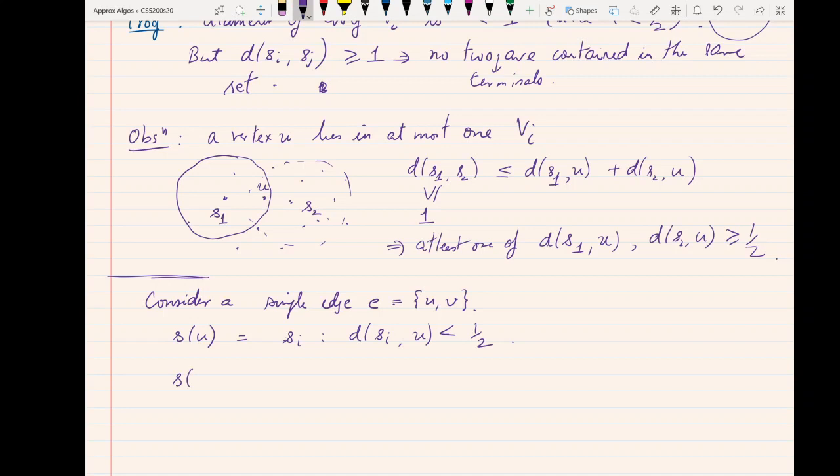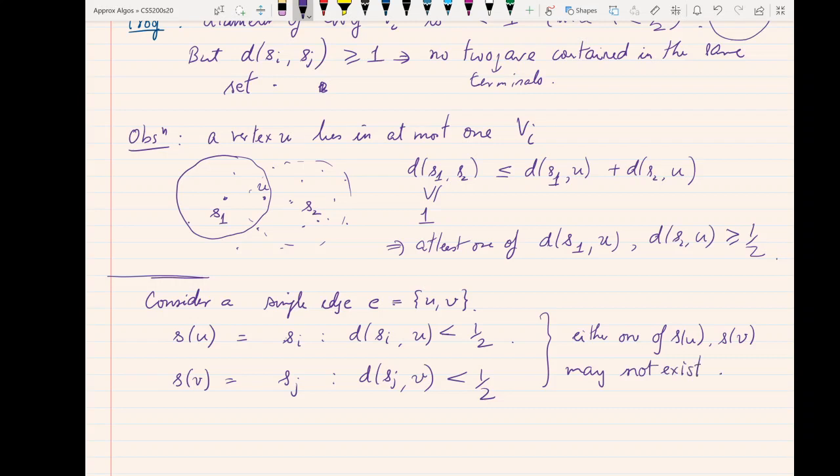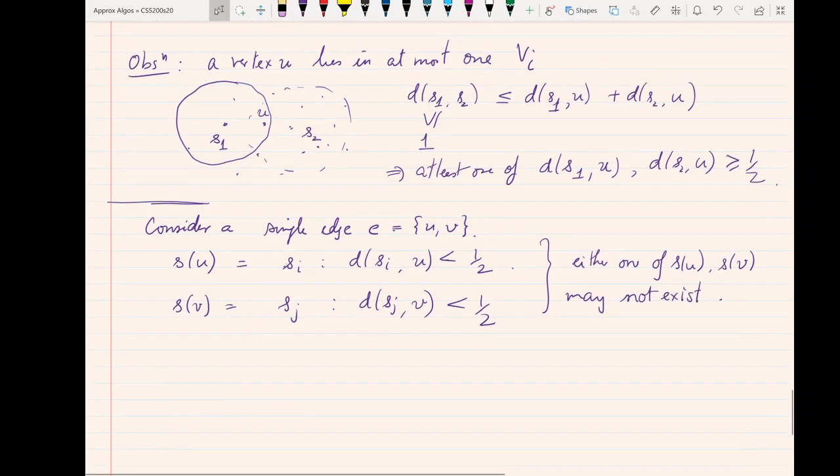And similarly we'll define S of v is equal to Sj such that d of Sj comma v is less than half. So either one of S of u or S of v may not exist, which is fine, as we'll see in the algorithm.